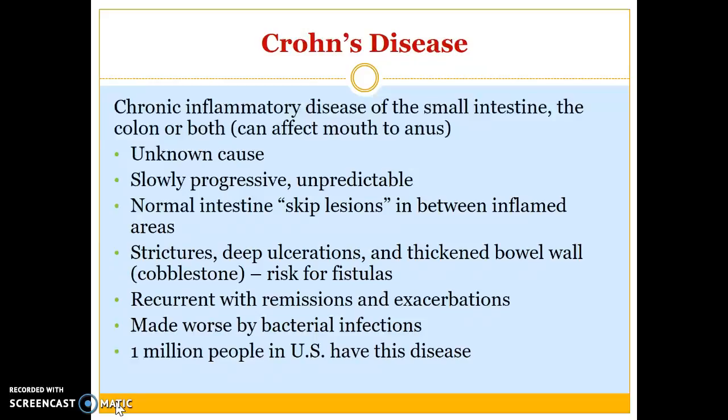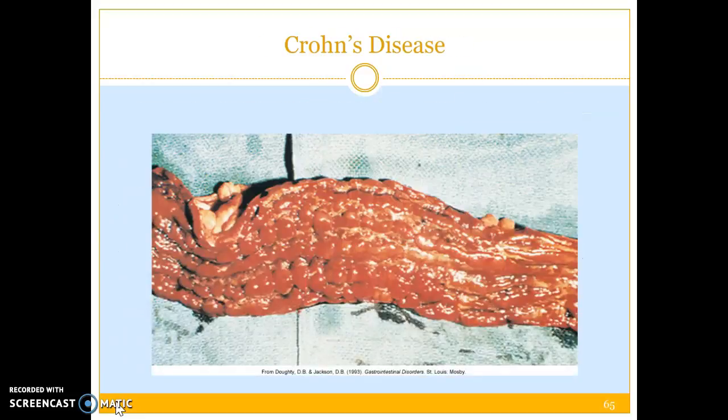Again, it's recurrent with remissions and exacerbations, just like UC. It is made worse when the person has bacterial infections, and 1 million people in the U.S. have the disease, so it's fairly common.